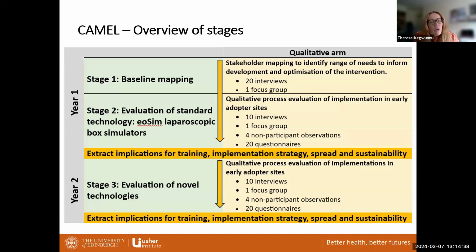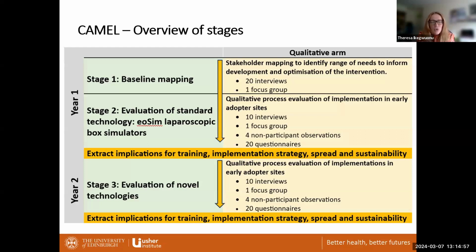So for stage 1, our aim is to do 20 interviews and 1 focus group, and that's baseline mapping, which looks to identify the range of needs, and that will inform the development and optimization of the intervention.